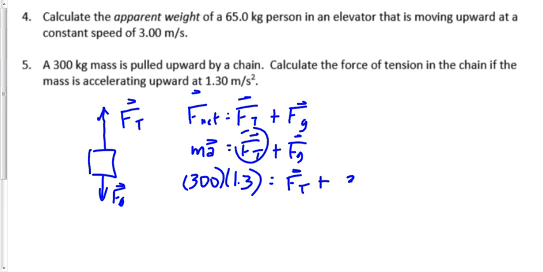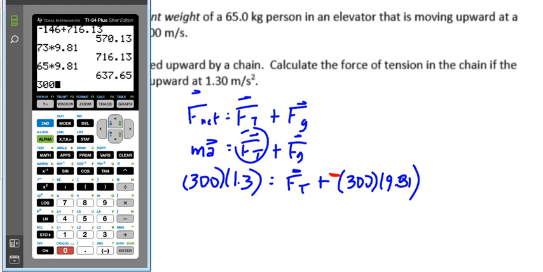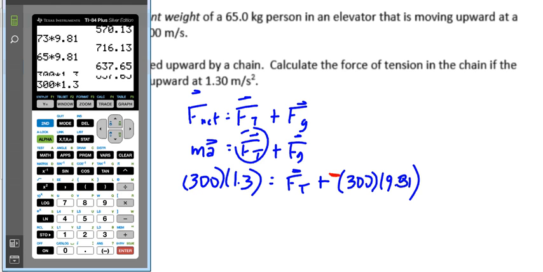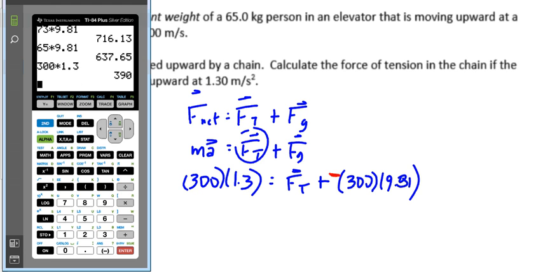Gravity is 300 times 9.81, correct? Almost. It's negative, right? Negative 9.81, or negative in front of the whole thing, doesn't really matter. We need a negative term. So let's find this now. 300 times 1.3 on the left side gives me 390.